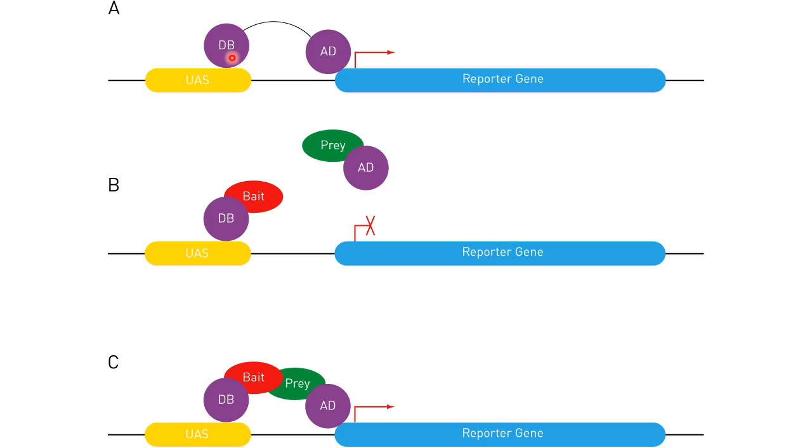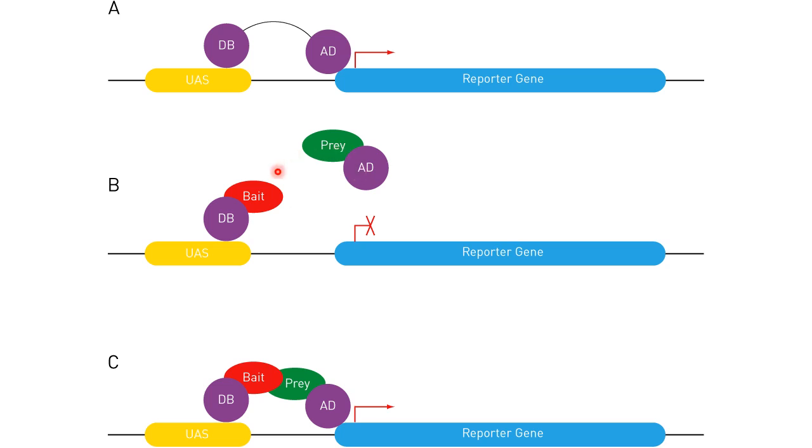These two, the DNA binding domain and the activation domain, are transcription factors. Now the query protein of interest is fused with the DNA binding domain and it is known as the bait, and the protein from the protein library, that is the prey, is fused with the activation domain.